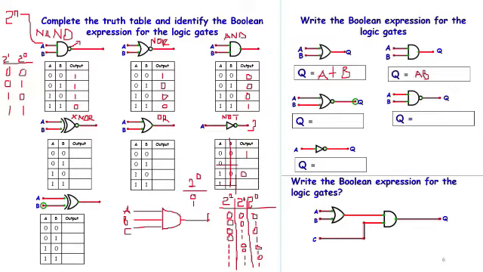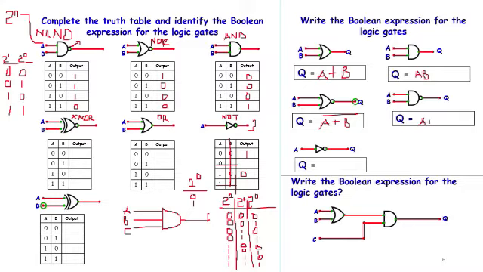This is a NOR gate. So it's just an OR gate of A and B that is inverted. Then here this is a NAND gate, an AND gate that was negated, which is NAND.